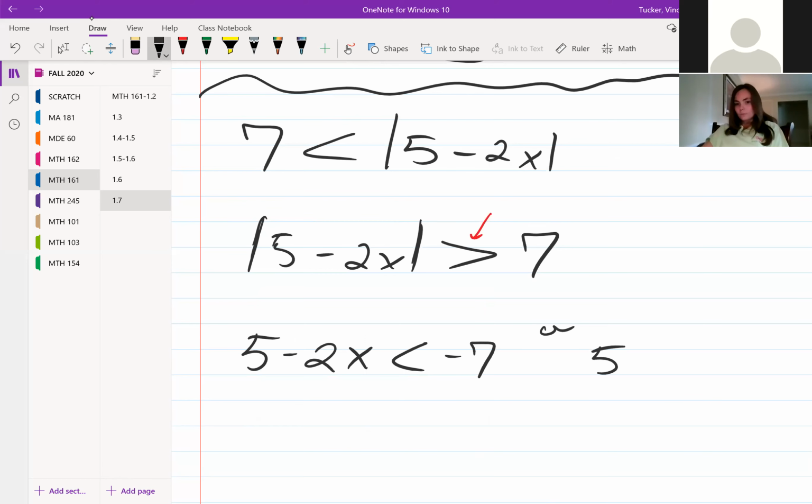And then you write it the way you see it without your absolute value sign. So one of your pieces should be writing it the way you see it: 5 minus 2x is greater than 7. Then the other one should be 5 minus 2x is less than negative 7. So we use the opposite inequality sign and we use the opposite sign as far as the number 7 goes. All right, I see a question.